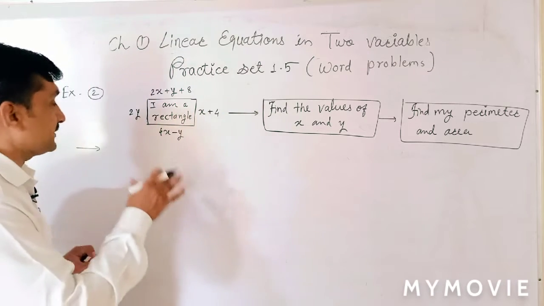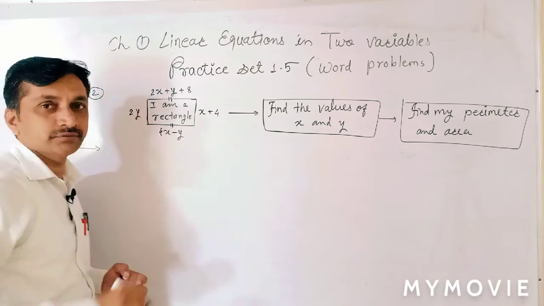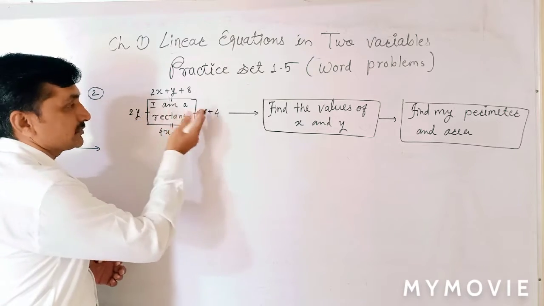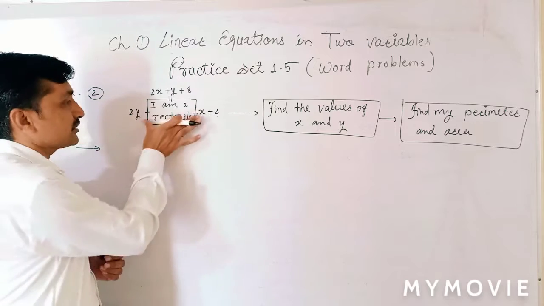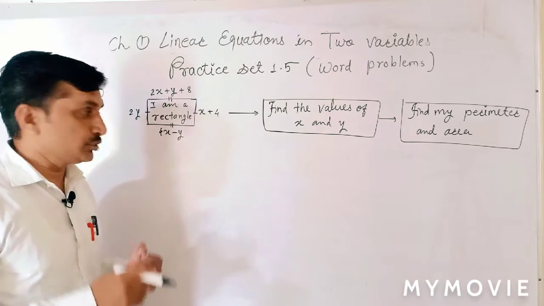So this side is equal to this, these are two opposite sides, and this is equal to this, these are also opposite. The two lengths are equal, the two breadths are equal. These two conditions we will use here.